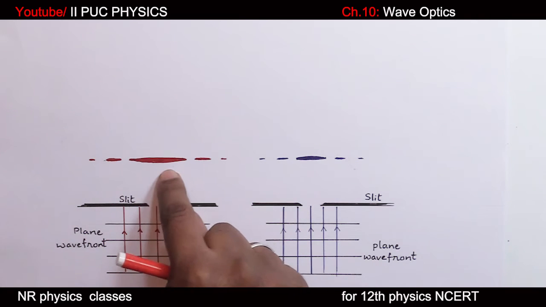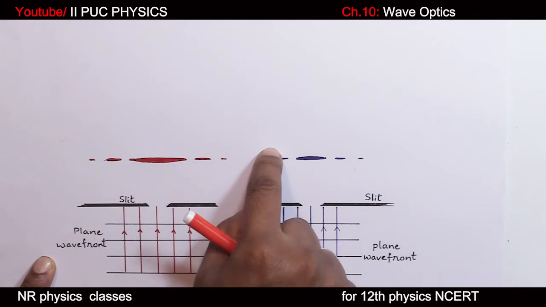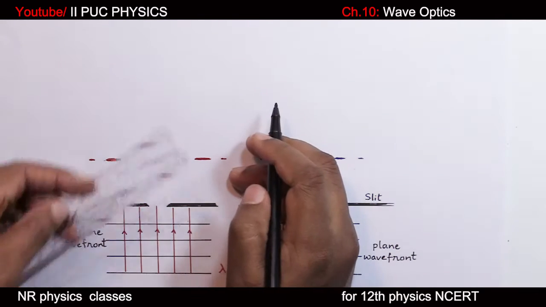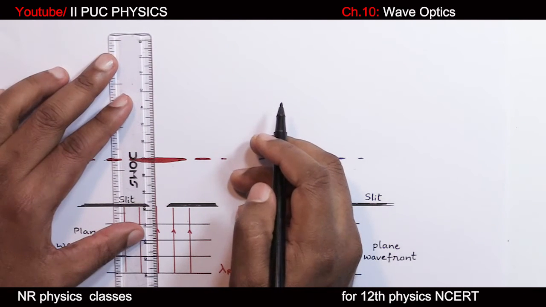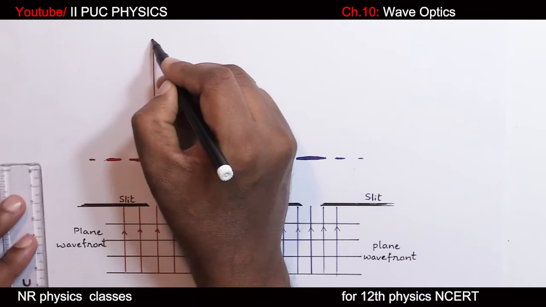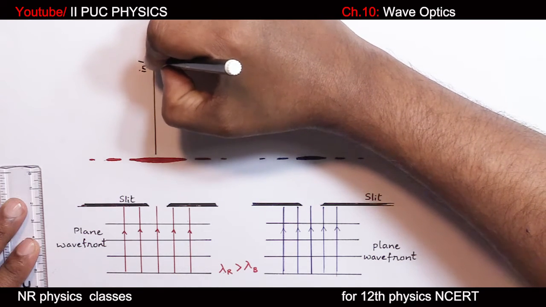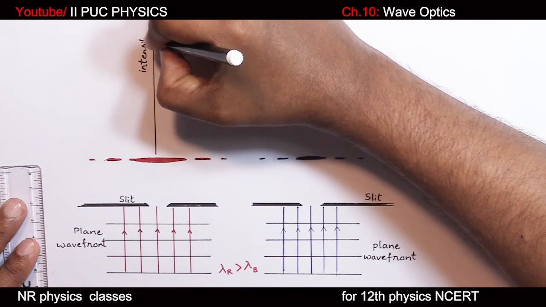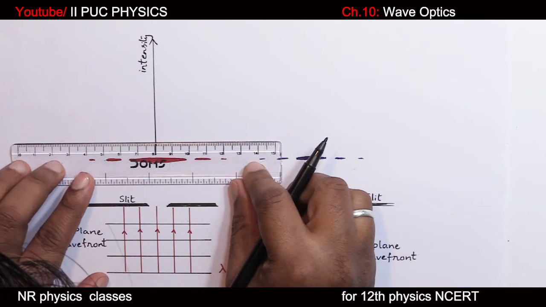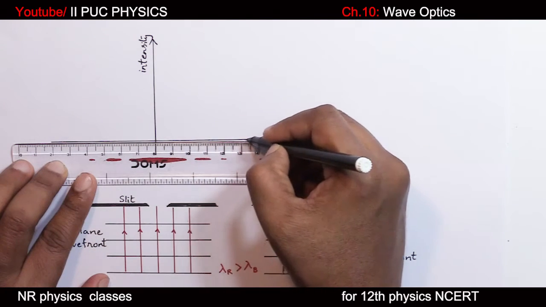So let me draw a graph of intensity along the y-axis versus distance along the x-axis, distance or path difference.